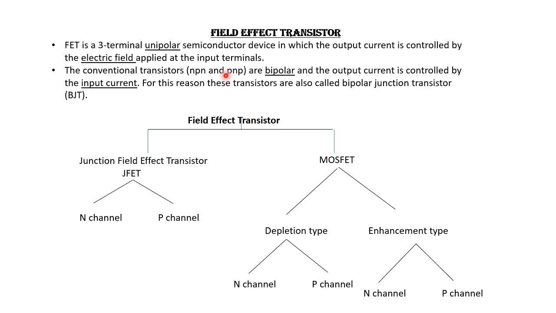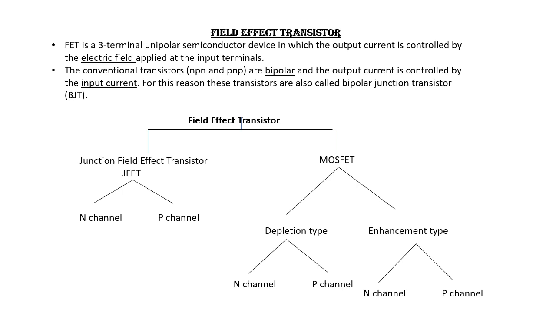The other type of transistors which we have dealt with earlier, categorized as NPN or PNP transistors, are bipolar devices, and in that case the output current is controlled by the input current. That is, the collector current is controlled either by the emitter current or the base current, depending on which terminal we are taking as the input terminal.